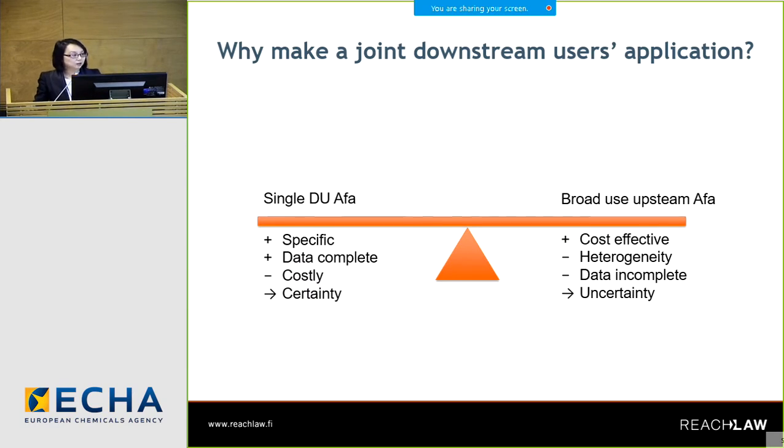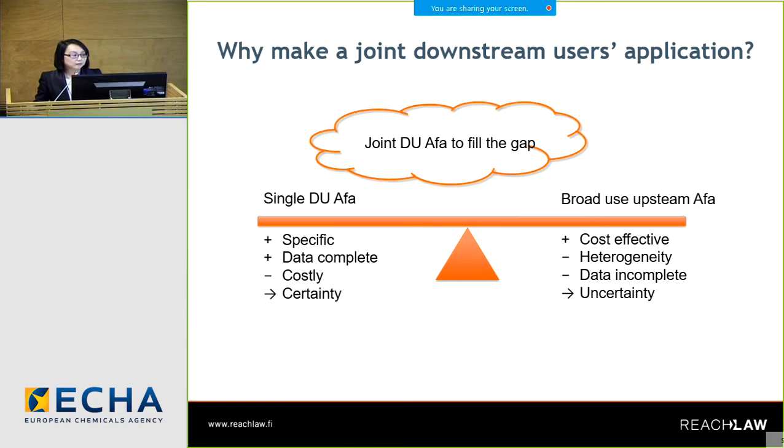And quite often you do not have a data set that is complete and detailed enough, and that brings a high level of uncertainty for the decision makers and also for the results. In my view, a joint downstream user application is there to fill the gap.